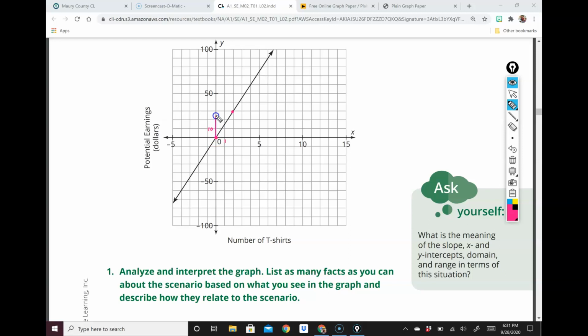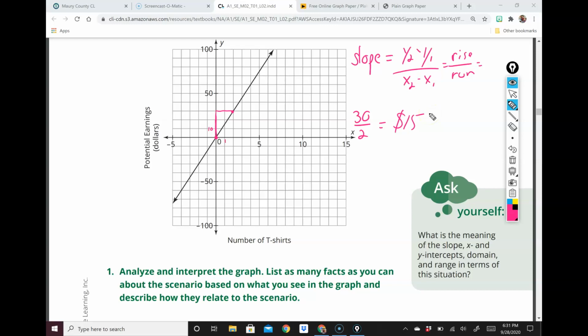So my rise, and remember we said slope is the difference of the y's over the difference of the x's. You can also think about that as being rise over run. So my rise here is going to be 10, 20, 30, positive 30, and my run is going to be 2.